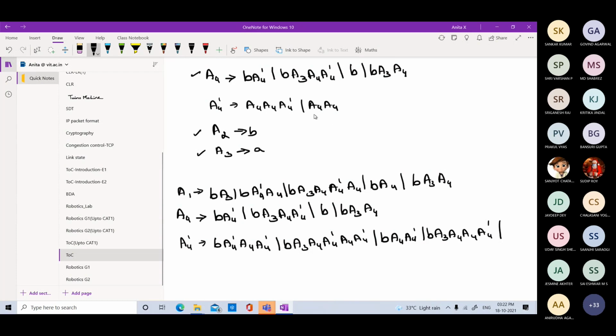Next, what should we do? We have to rewrite this also. This also should be converted to Greibach normal form. So for converting, I have to place all the productions of A4 here.